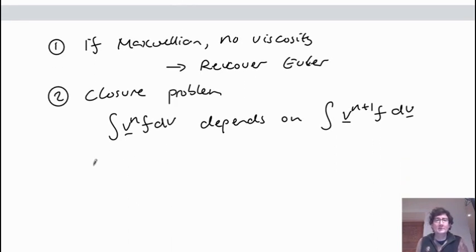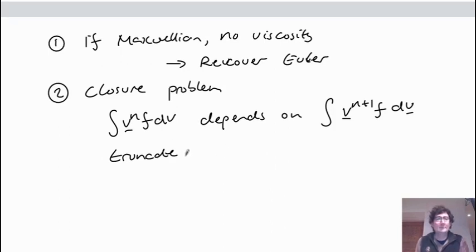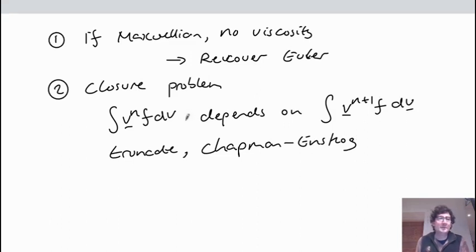And so you need some way of either truncating or stopping this and closing the set of equations, so that you have a set of equations which only depends on themselves and not on an unknown higher moment. You can do things like truncate. For example, you just say that some higher moment is equal to 0, or you can have a more systematic approach where you do some expansion in a small parameter. Or there's things like Chapman-Enskog, if you're interested in looking up more details of how this is done more systematically.